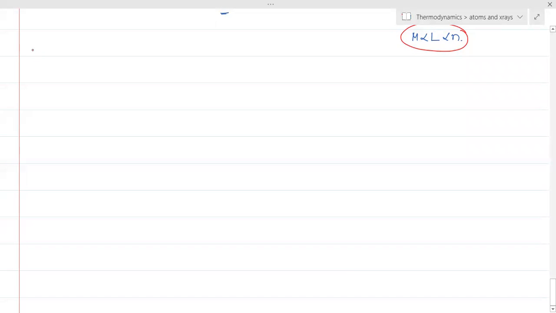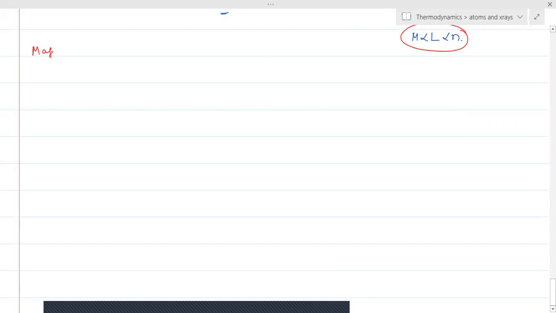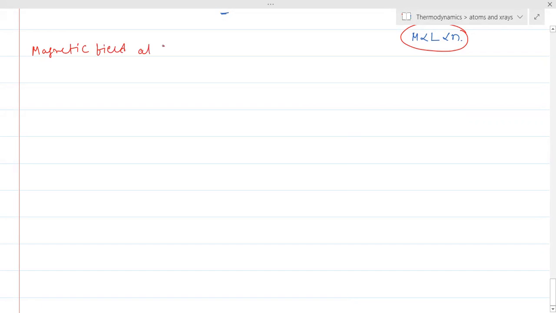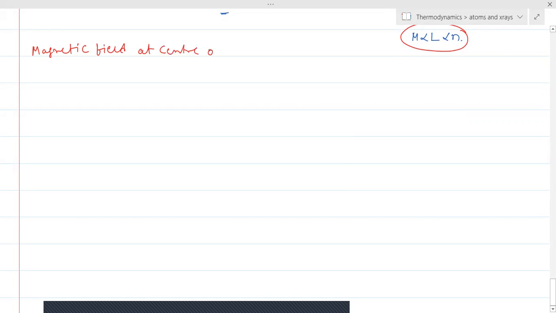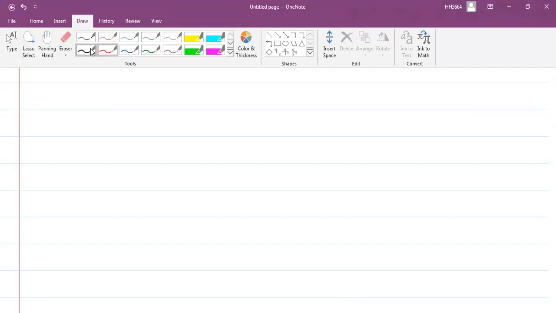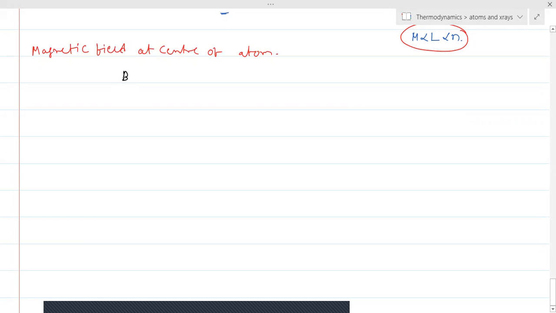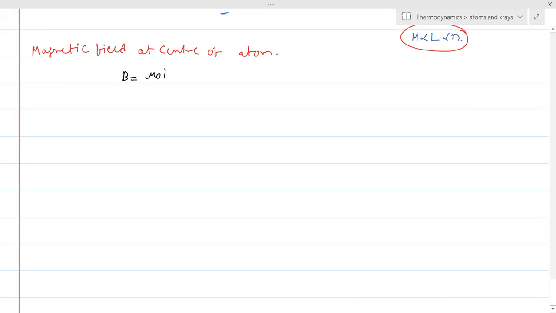Whenever the electron revolves in a circular orbit, it generates a current. That means it is going to develop some magnetic field at the center. So what is the magnetic field at the center of the atom? For circular coils, we take mu naught I by 2. This is a formula we come across in moving charges and magnetism. So B is proportional to I, which means q by t.